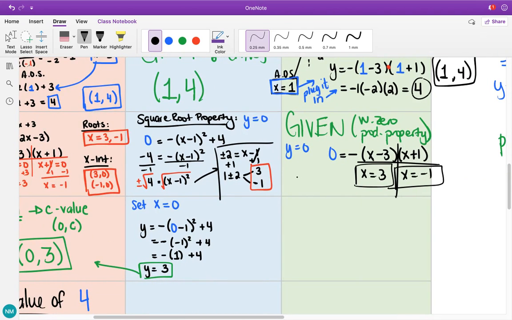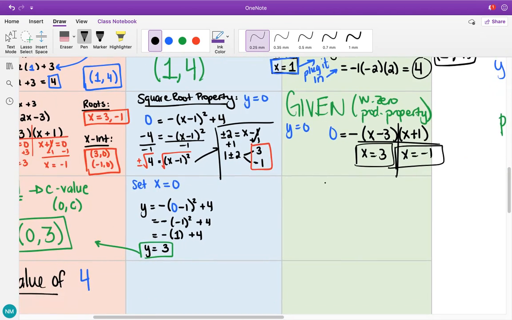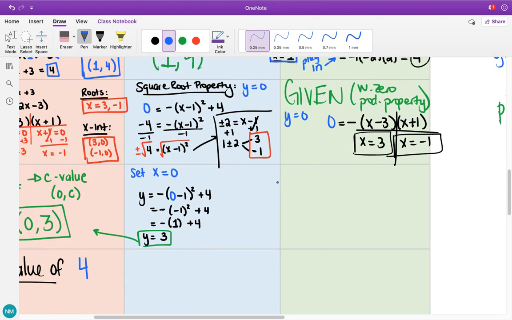We already found our x-intercepts, and our y-intercept is just plug in x equals 0. So we have y equals negative, we have -3 here and +1 here. So I'm going to plug 0 in.